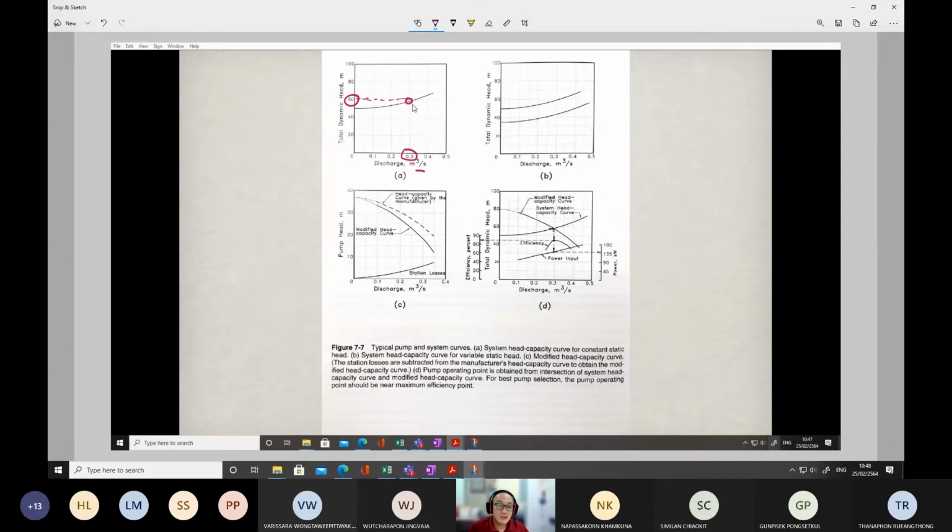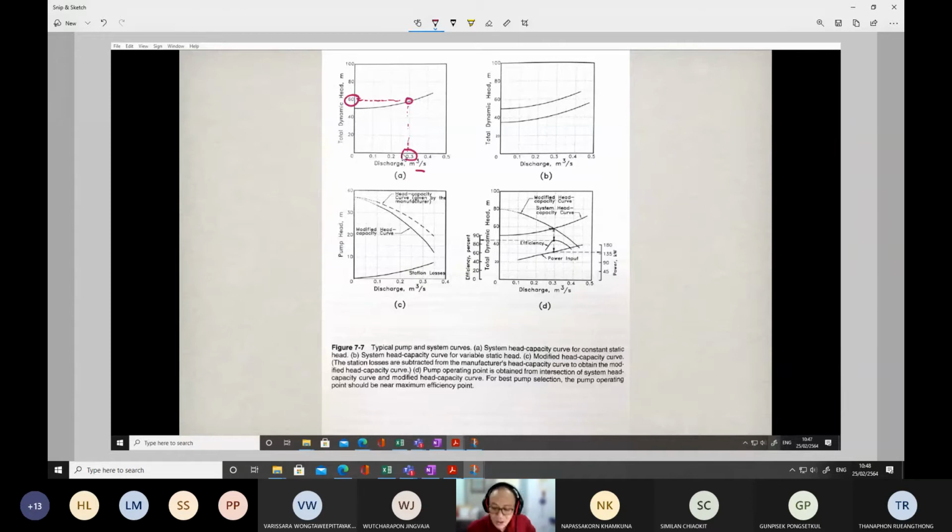So if you want to determine the pumps corresponding with this condition, how can we select or how can we choose the pumps? We are talking about buying a new pump which meets our requirement. So this is our system requirement.